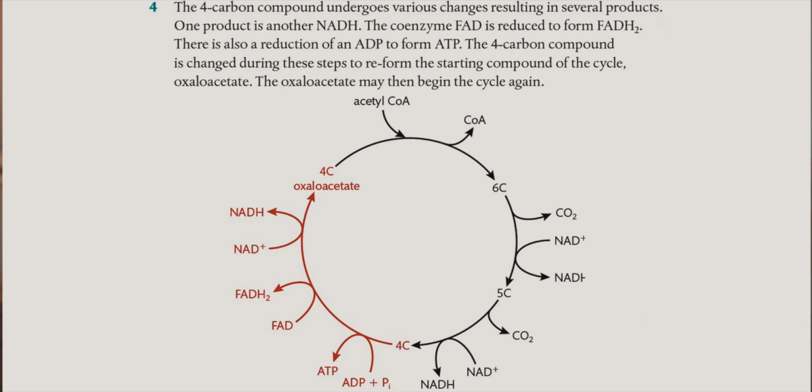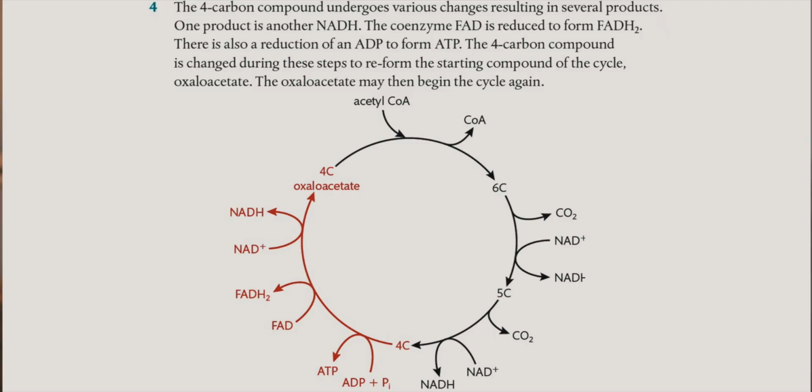This time it's picked up by 2 hydrogen acceptors. We've got NAD plus again, as we normally have done, but we now encounter a new one, FAD. And FAD, don't get caught up on it, it's just like NAD, different letter, same thing. The only difference is FAD can pick up 2 hydrogens at once, so it becomes FADH2.